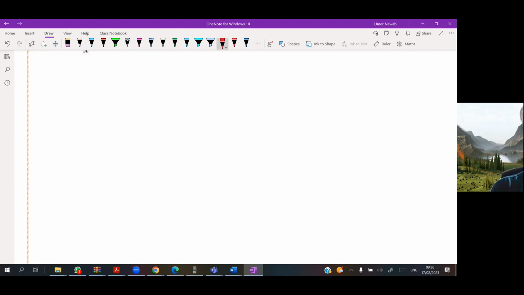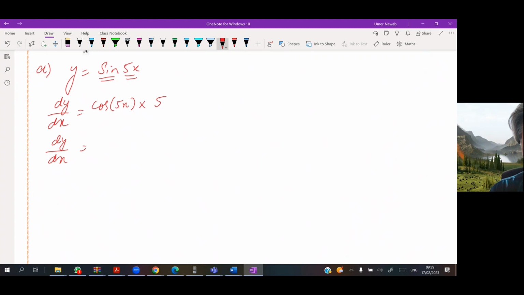First question, a: y equals sine of 5x. So dy by dx, derivative of sine is cosine, argument as it is. Further derivative of the argument is 5. So my answer is 5 cosine of 5x.